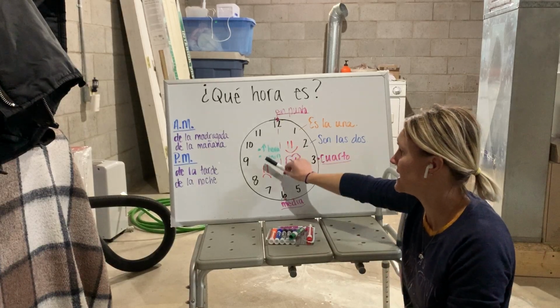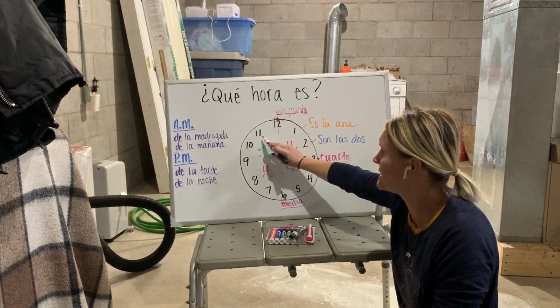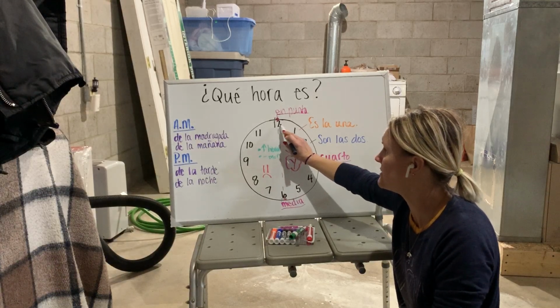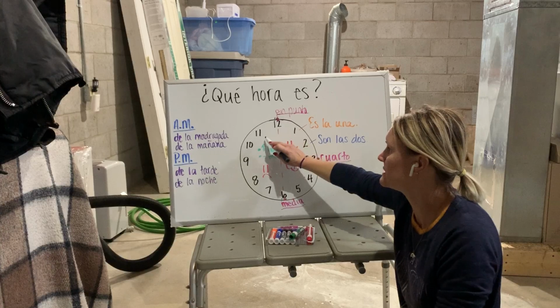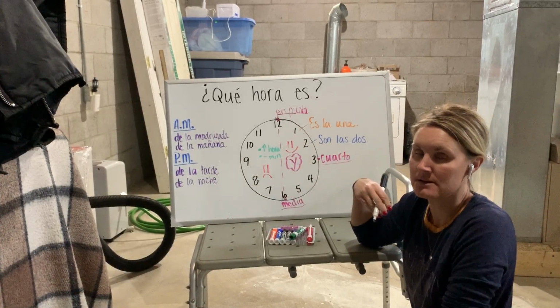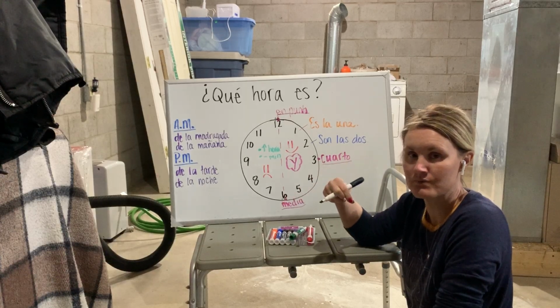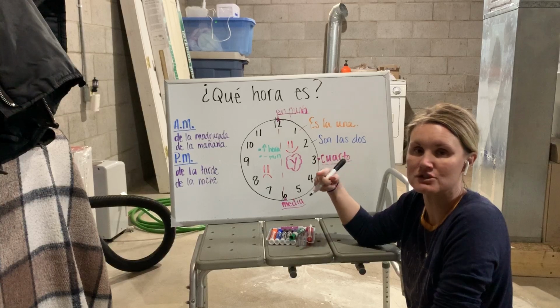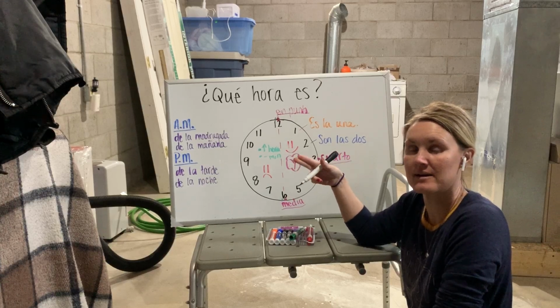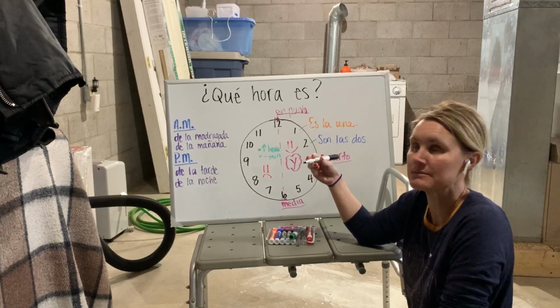Then I have to take minutes away. So if my minute hand is pointing here, I have 5 minutes until I get to the next hour. So I'd be taking 5 minutes away. So son las dos menos cinco. What you're saying in English is it is 2 o'clock minus 5 minutes, which would be 1:55.